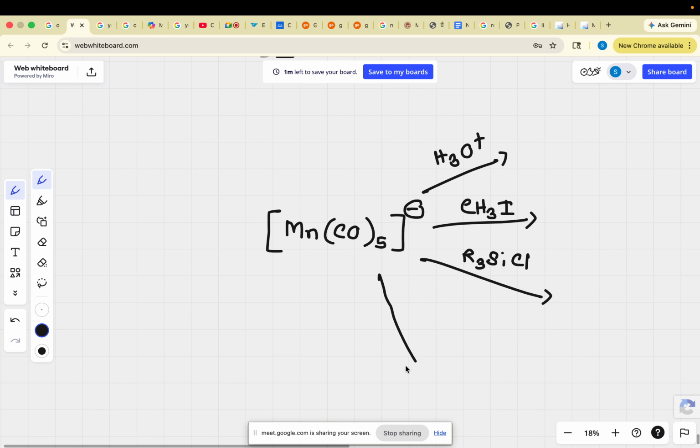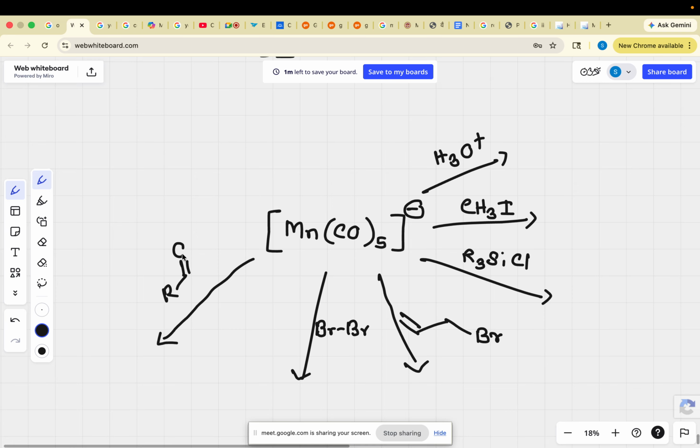Next, allyl bromide. Next, Br2. Next, RCOCl, acyl chloride.